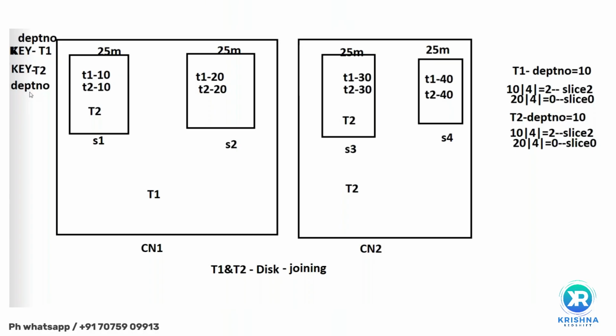That means all the sales people will go to one room, all the HR people will go to one room, and all the marketing people to another. So all the 50,000 people will go to how many rooms? 50 rooms.